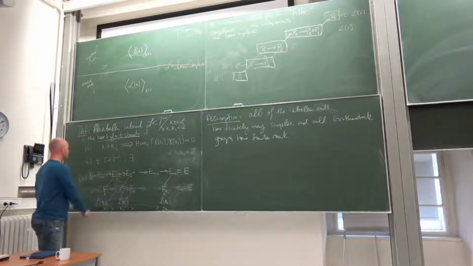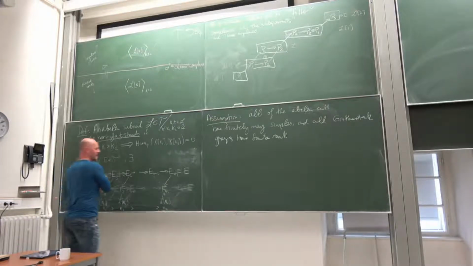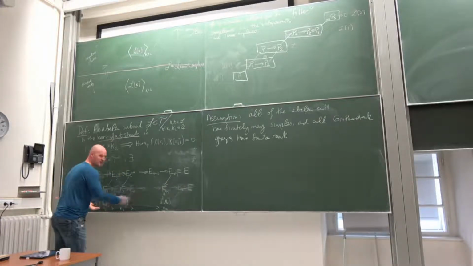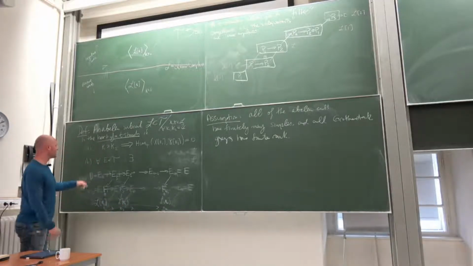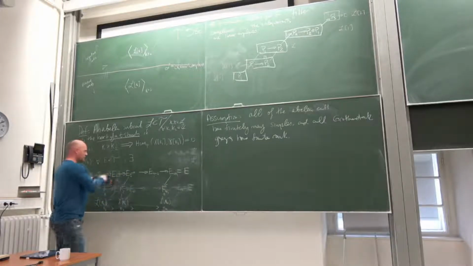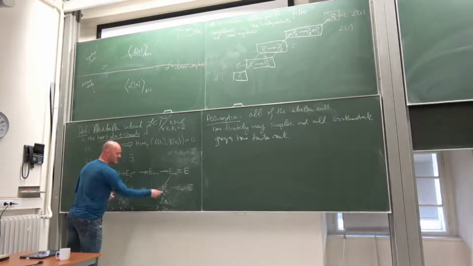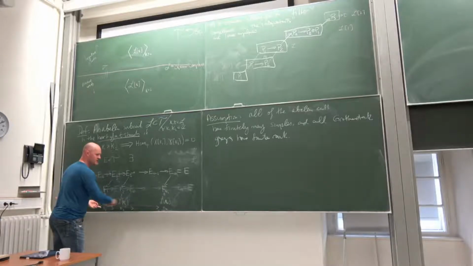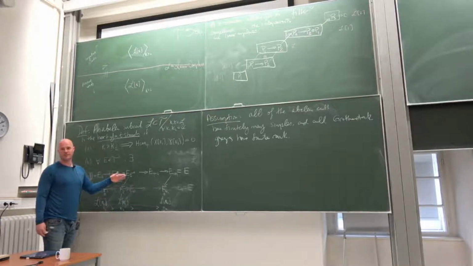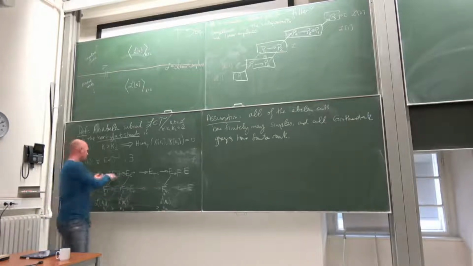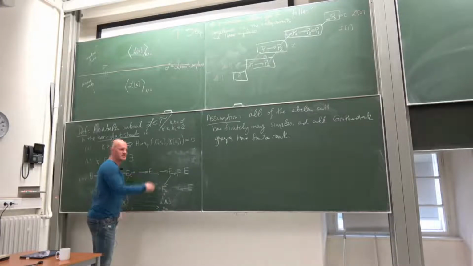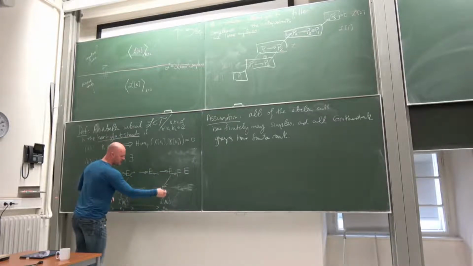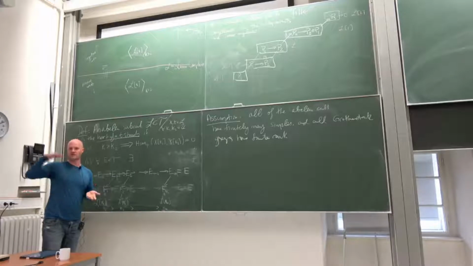That's one condition. The second condition is that all objects in the category can be filtered so the subquotients are shifts of objects in the abelian category. More formally, every object fits into a sequence of exact triangles where these are shifts of L. What you should think, because that's what's going on in our example, is these E's are all chain complexes, these are subcomplexes, and the subquotients are all shifts of linear complexes.